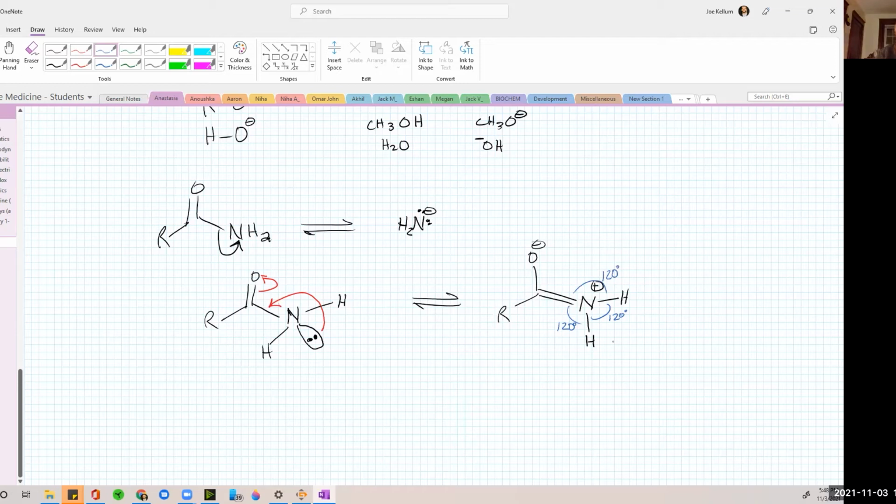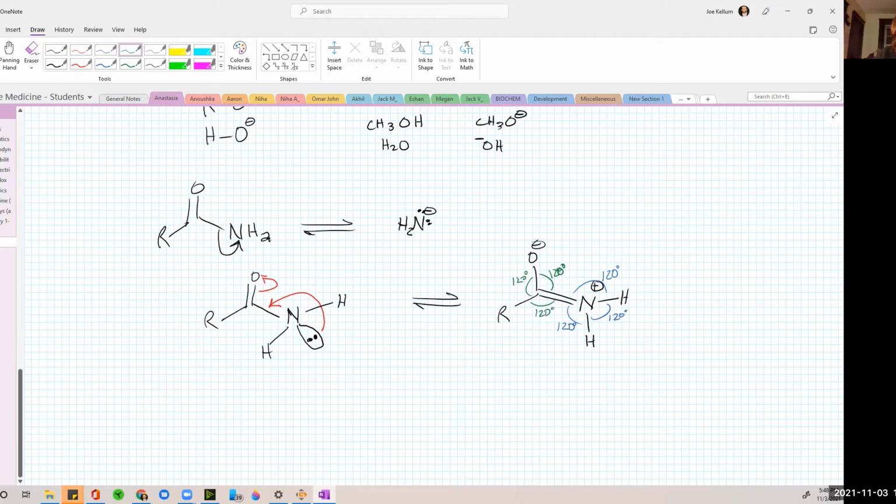So if this is trigonal planar, what's the geometry on the carbon next to it? Is it also sp3 or sp2? It's sp2, and it was before as well. So it's also got 120-degree bond angles.